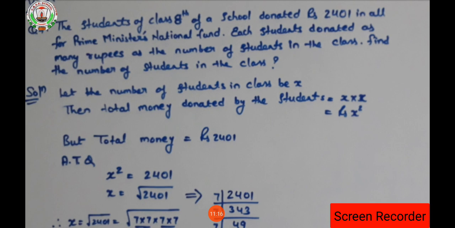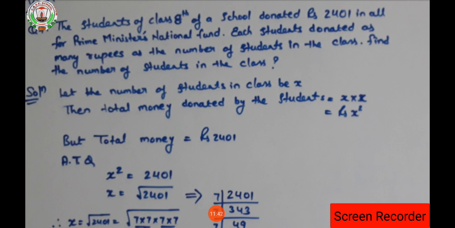So look at the solution here. First, we have to consider the number x. So let the number be x. The total money donated by the students is x into x. The number of students, as well as the money each donates, will be x, so x into x will be x square, x to the power 2.